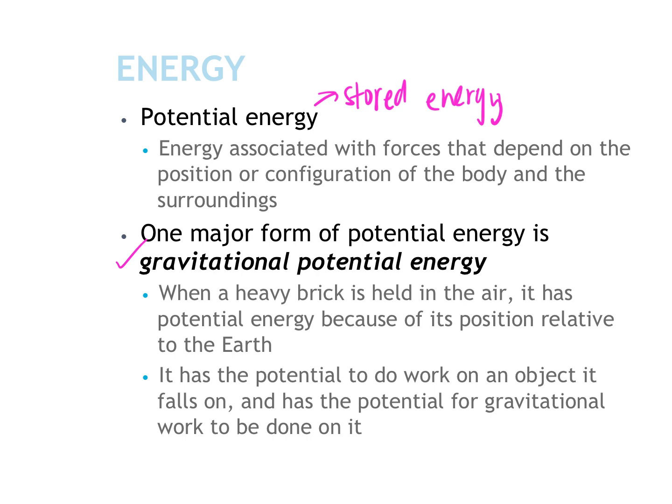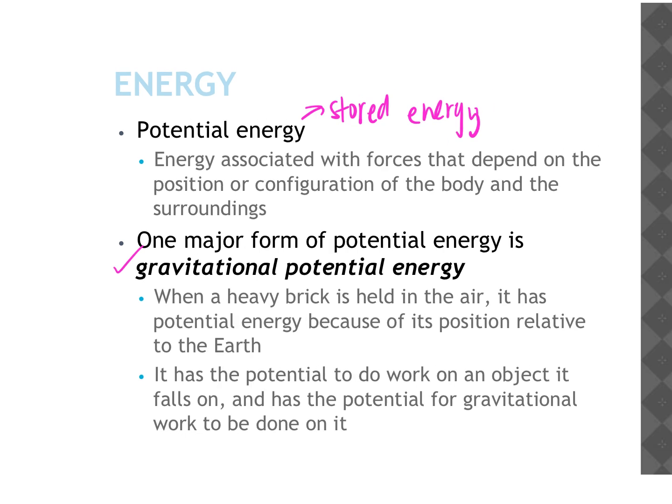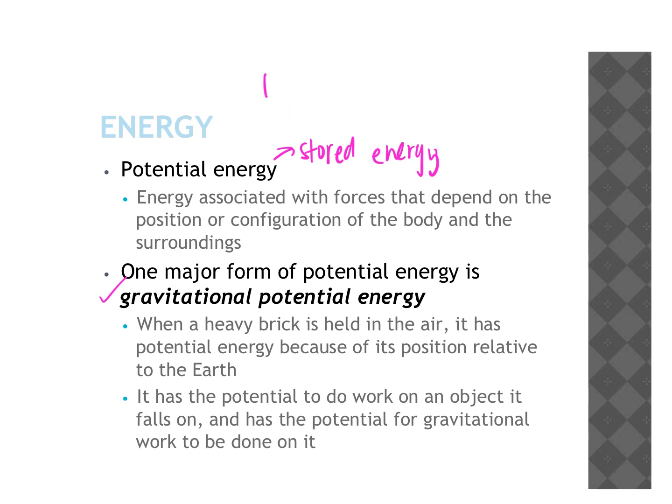Now, I'm going to give you a little warning here. I have always learned and always written potential energy just like that, PE. But for some reason, which is unbeknownst to me, AP uses U as the variable for potential energy. Why? I don't know why. Maybe other people use that. I've never seen that before.